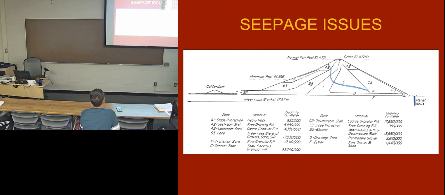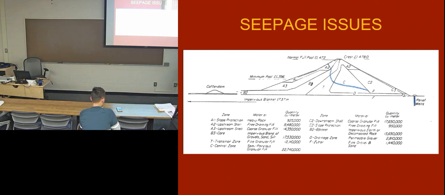Some places it would look more like a common phreatic line. But the point was, over here we have the filters, and we're draining this into what's the A1, slope protection, that's the riprap. But in the ground there are relief wells, and we expected water to go through the dam and under the dam. We better measure it.